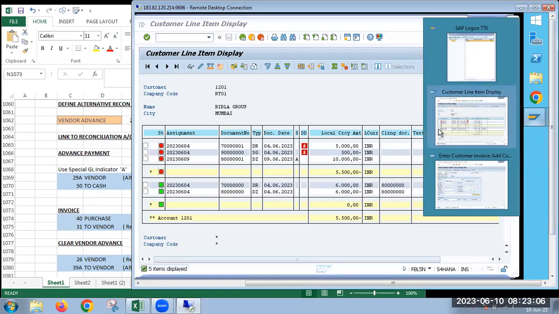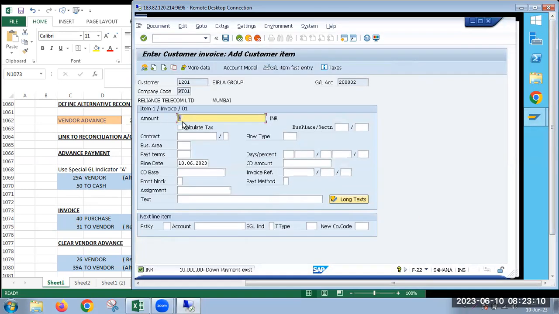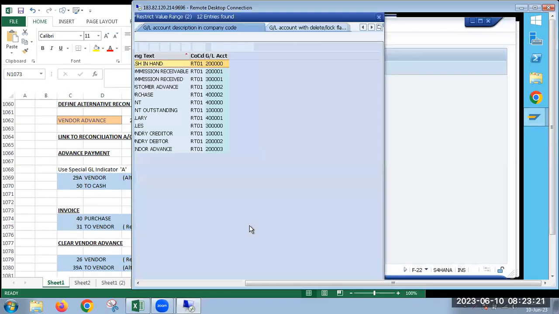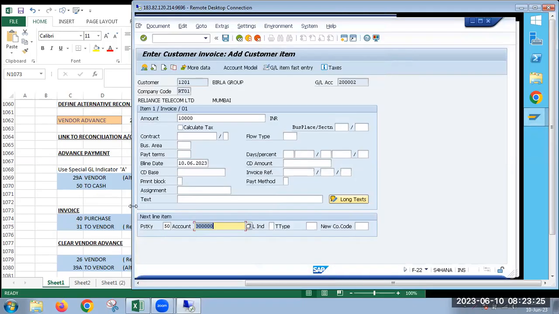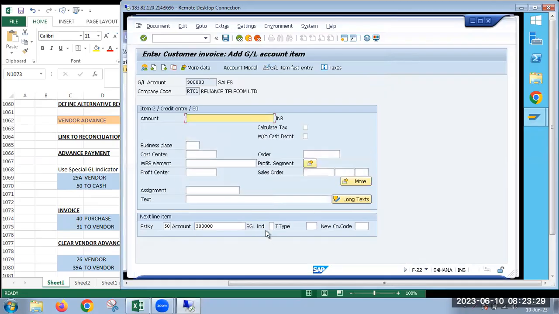So let's go for invoicing. We'll credit a sales account. We can use a profit center, being a sales account, revenue.